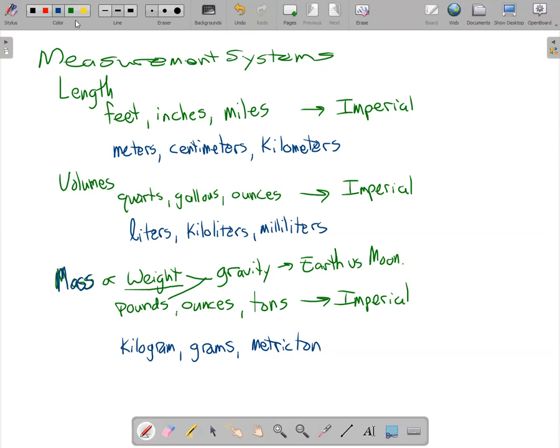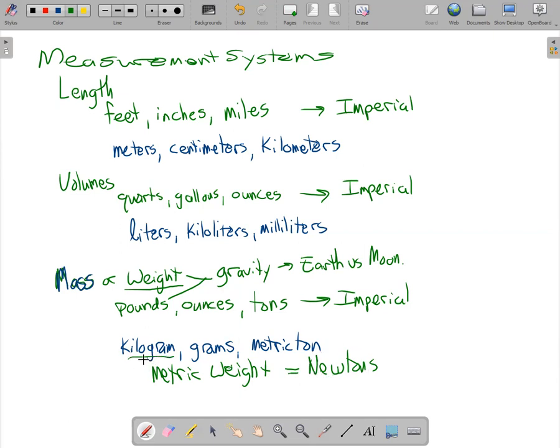To get weight in the metric system, metric weight is typically measured in newtons, which takes a kilogram mass and combines it with the force due to gravity. So really, although we talk about pounds versus kilograms, pounds are related to newtons, which takes into account gravity.